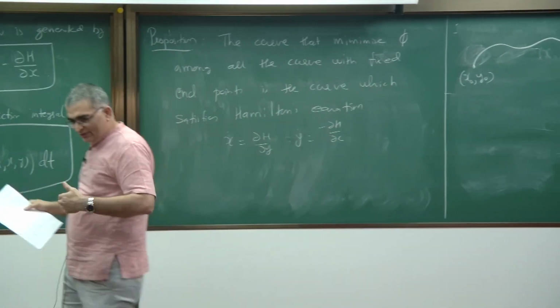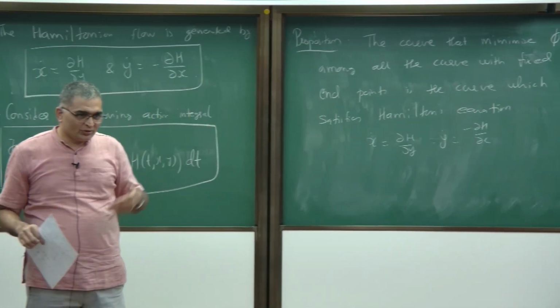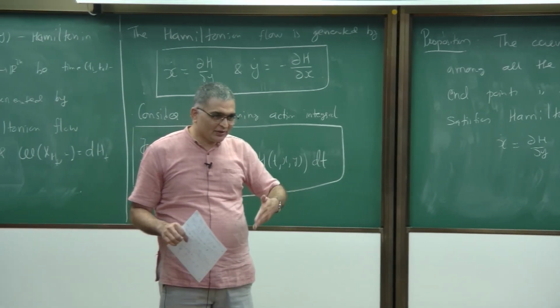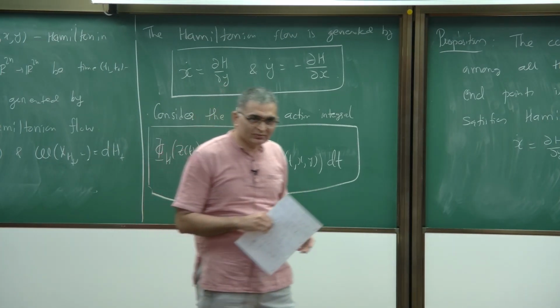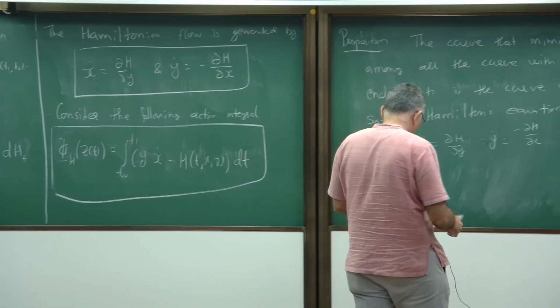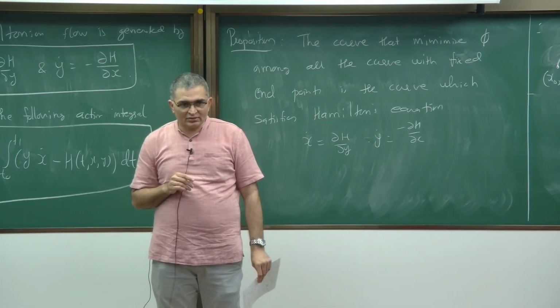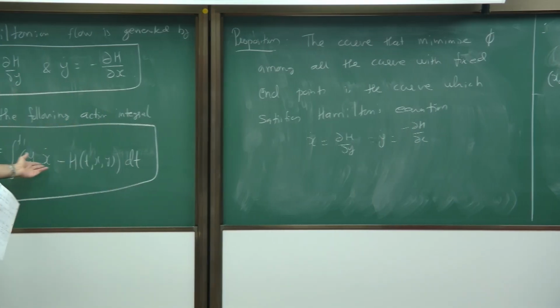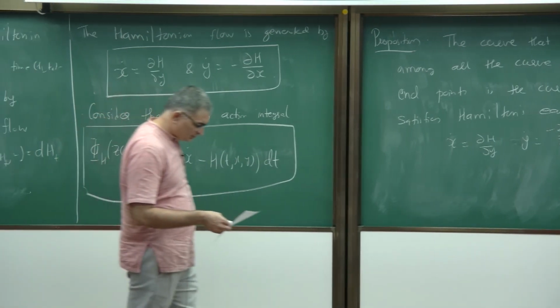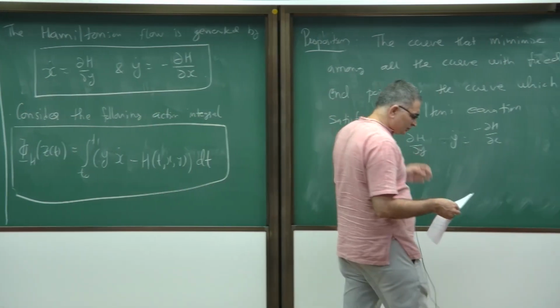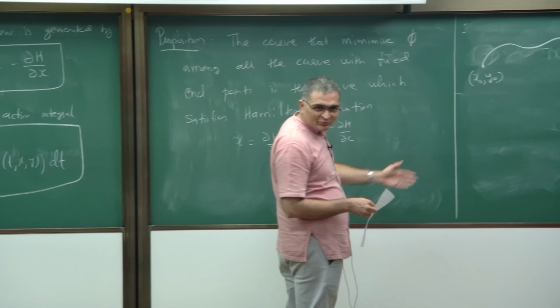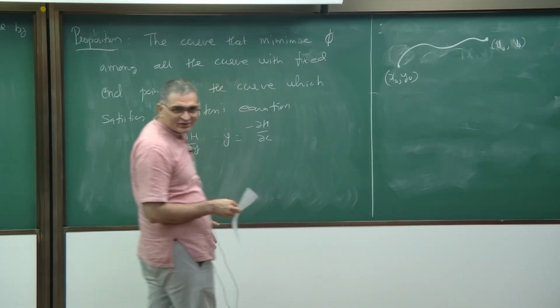So it is a kind of usual least action principle. H is given, you are minimizing phi_H, and this form is given. I mean, this is just y dx, but I have put the t variable in and written it down, but it is just y dx.